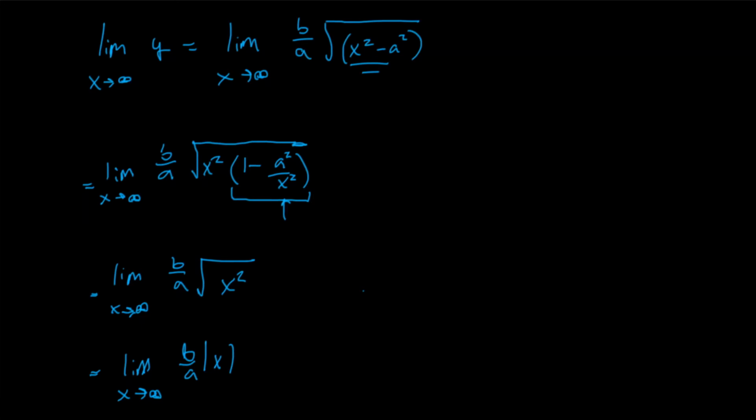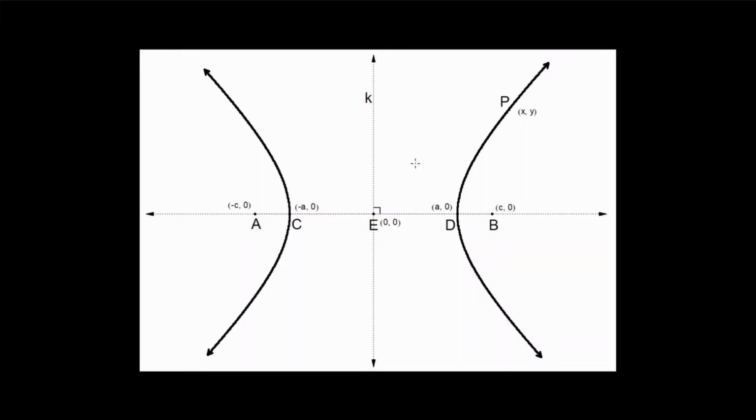Let's look at this graphically. As x goes to infinity, the hyperbola becomes the absolute value of x times b over a. I keep saying parabola, I'm so sorry. So we're going to have a line with slope b over a, which kind of makes sense.